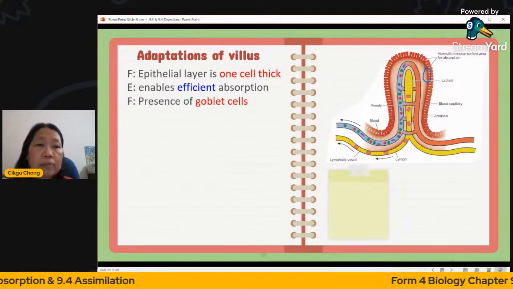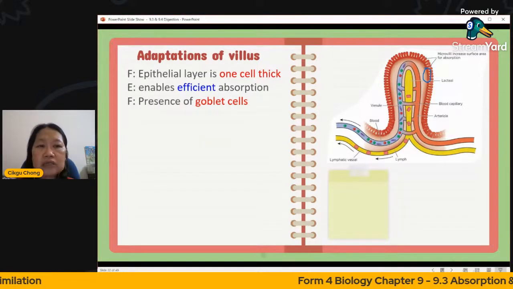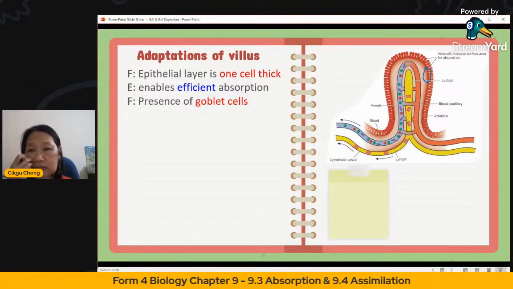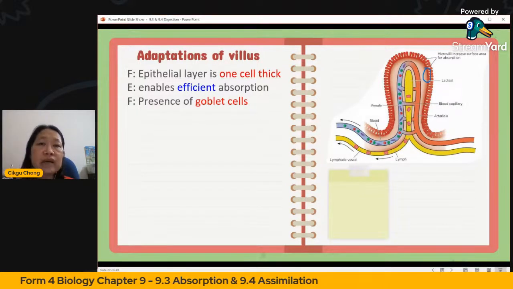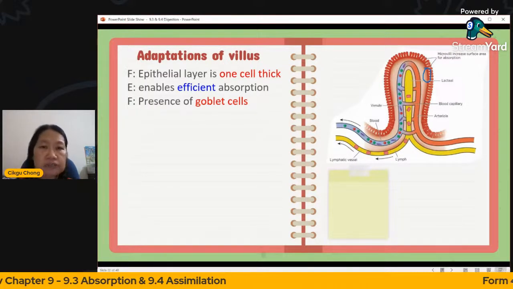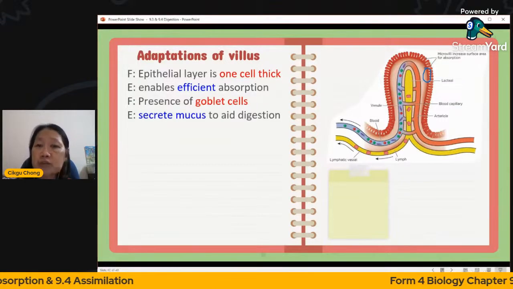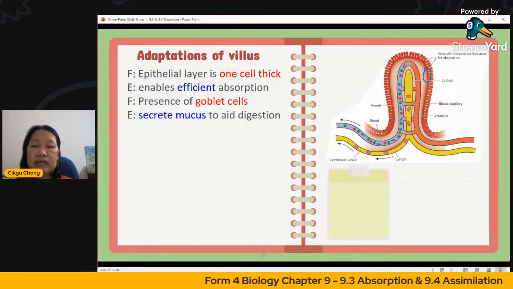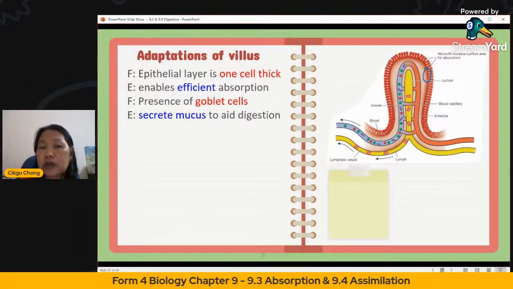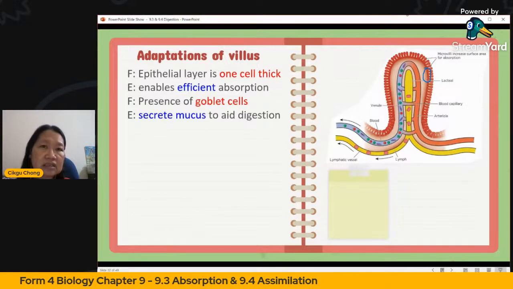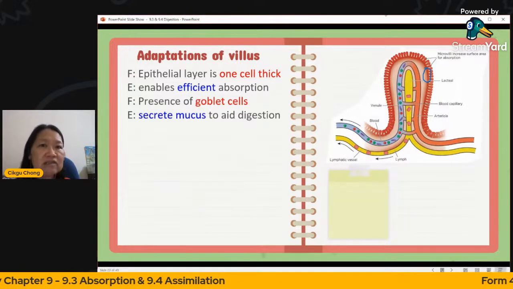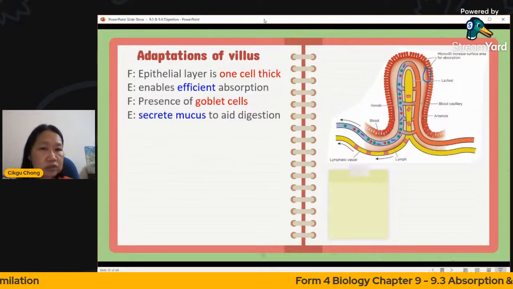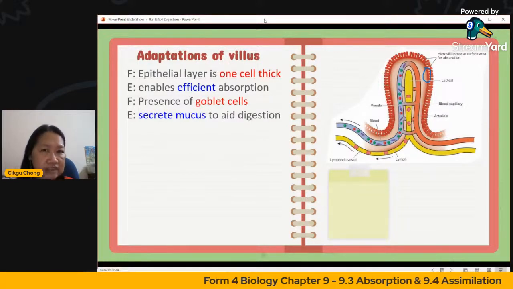And then let's talk about another feature. In the villus, there are a lot of goblet cells. These are specialized cells which have been adapted to produce a substance called mucus. When they secrete mucus, it becomes slippery, so the substances are easy to pass through. You also see goblet cells earlier on. If you remember, before this we have the duodenum, and above the duodenum you have the stomach.